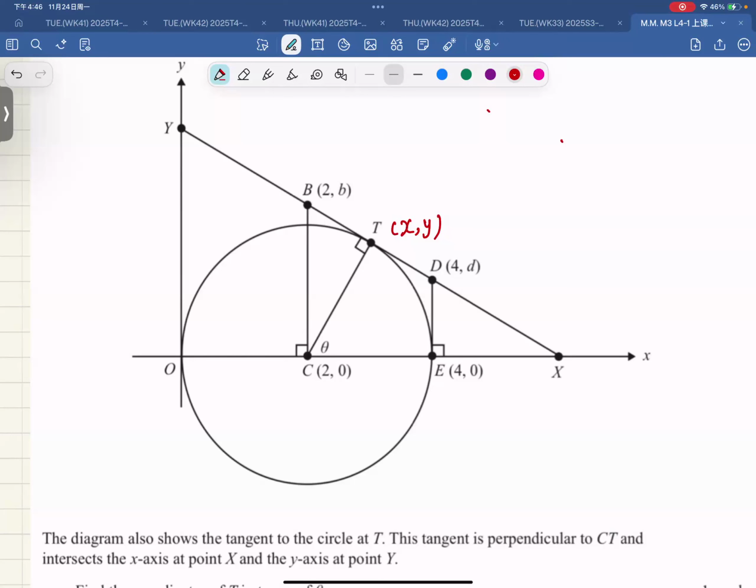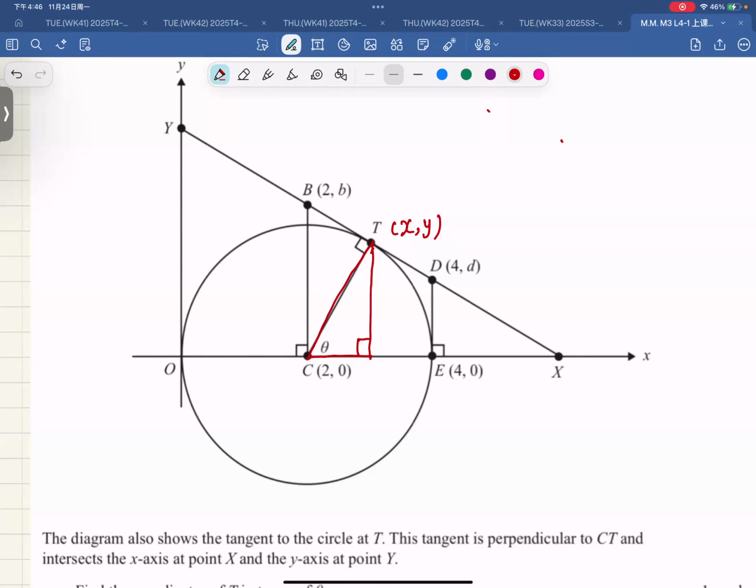Okay. So basically, if I draw a triangle, is that a right angle triangle? A right angle triangle means one angle is 90 degrees.